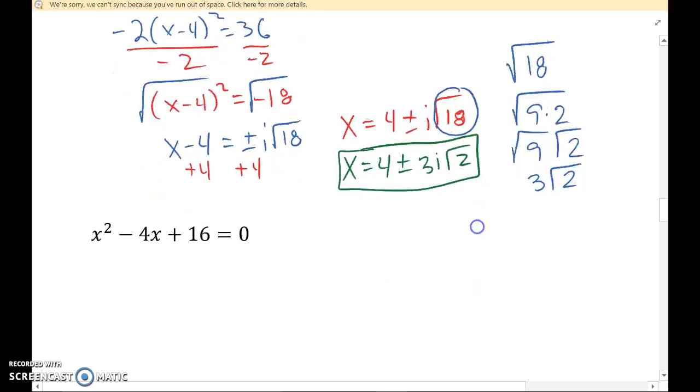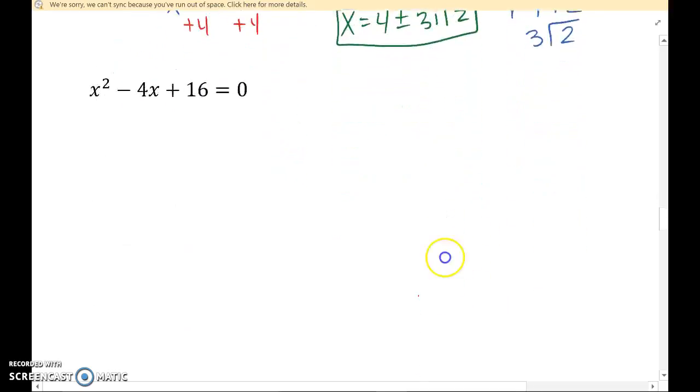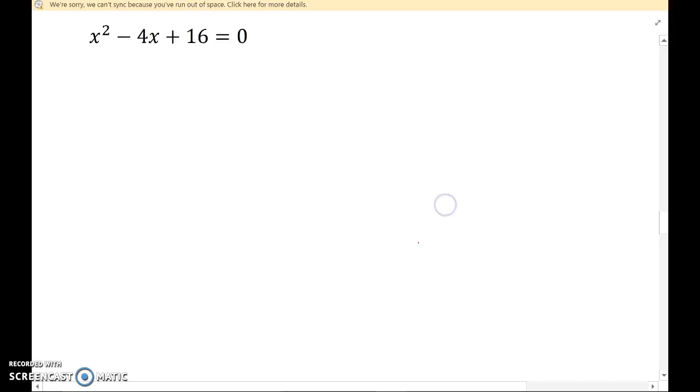All right. In our next example, we see there is x and an x squared. Due to that fact, I know that we're probably going to have to factor. So we try factoring, and I think we can quickly realize that there are no multiples of 16 because they are 1 times 16, 2 times 8, and 4 times 4.